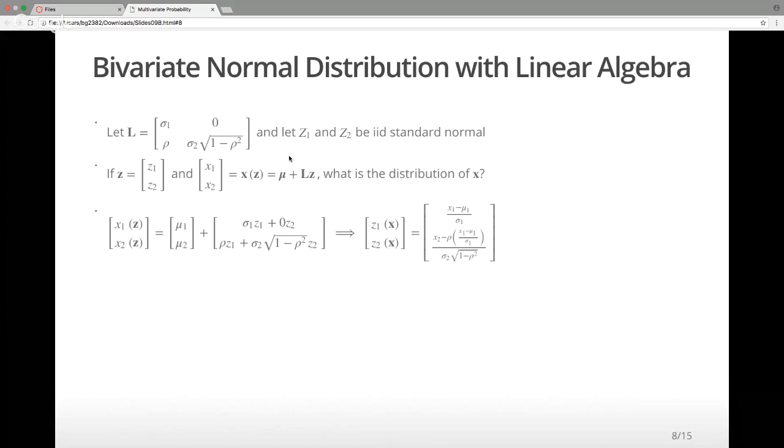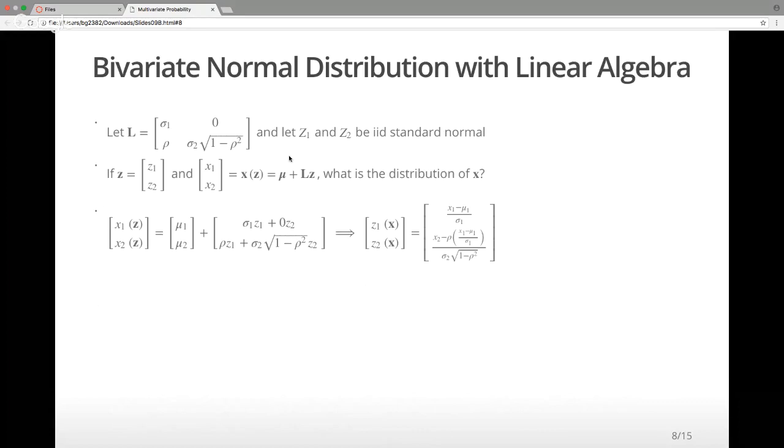And so if we have this x as a function of z, we can reverse this around, writing z as a function of x, where z1 is equal to x1 minus mu1 divided by sigma 1, and z2 is equal to this, if we note that z1 here being multiplied by rho is equal to this thing here, x1 minus mu1 divided by sigma 1.